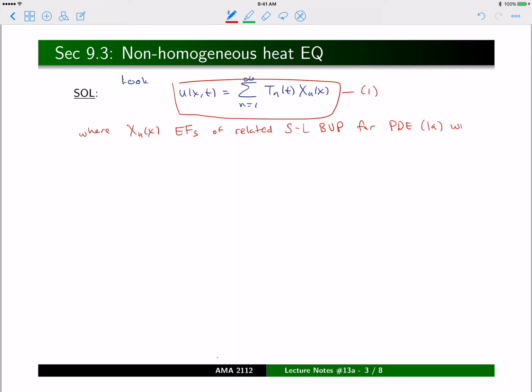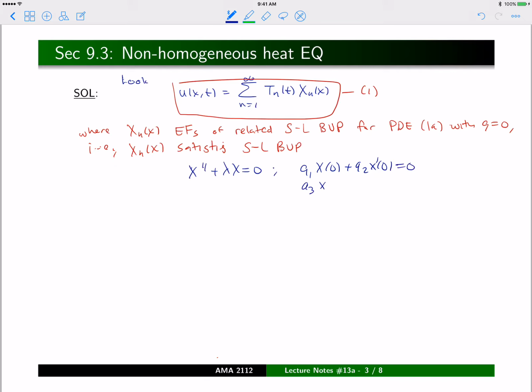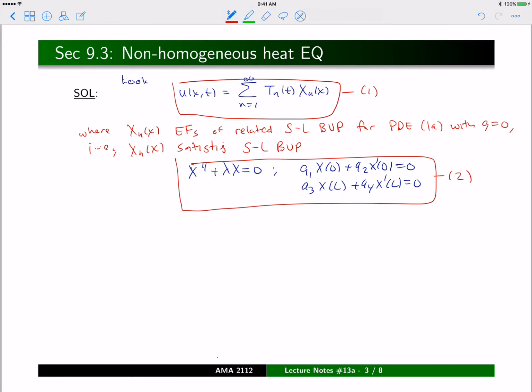So Xn of x satisfies the Sturm-Liouville boundary value problem: X double prime plus lambda X equals 0, with the generalized boundary conditions a1 X at 0 plus a2 X prime at 0 equals 0, and a3 X at L plus a4 X prime at L equals 0. This is what these eigenfunctions satisfy.